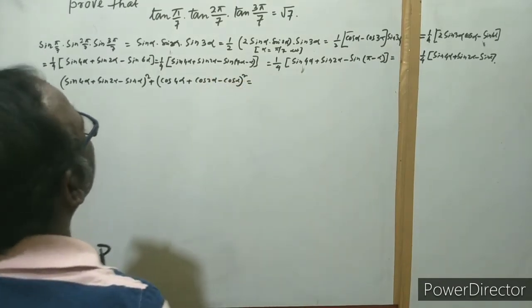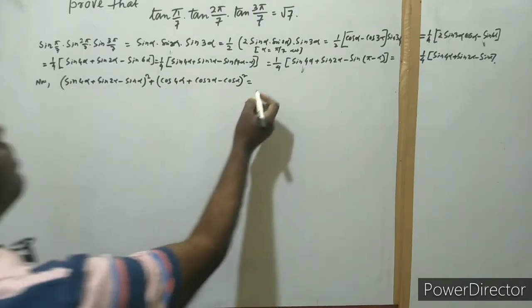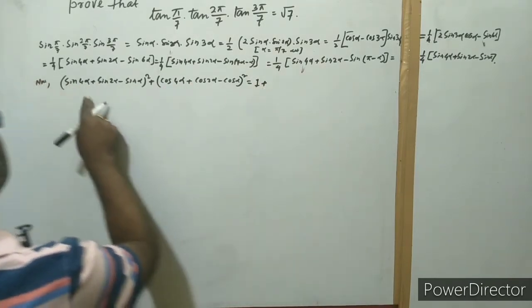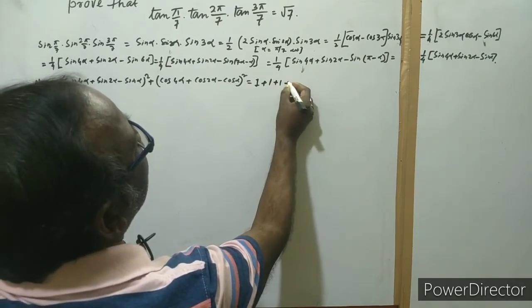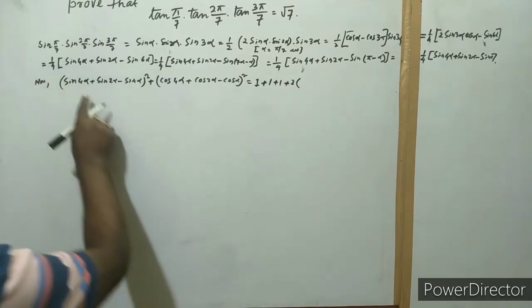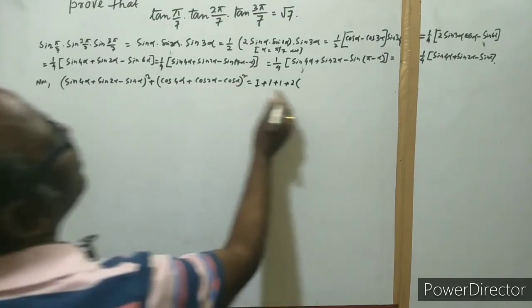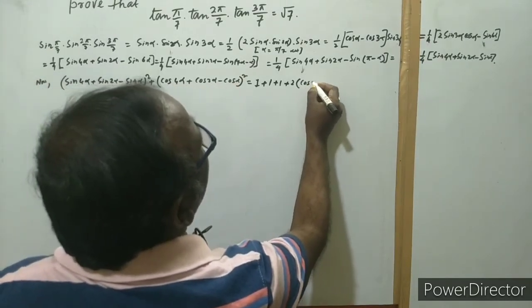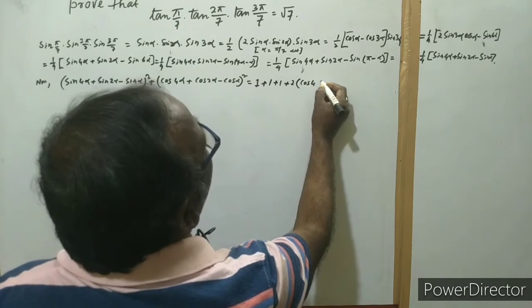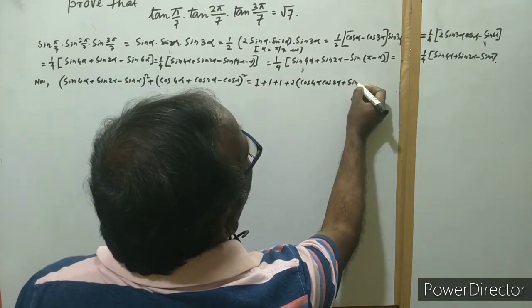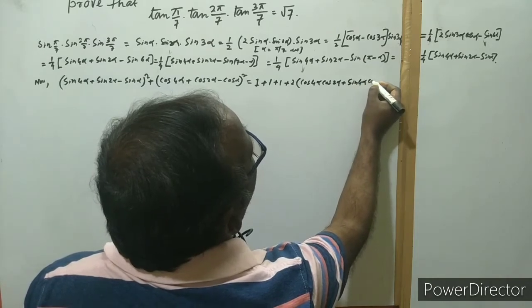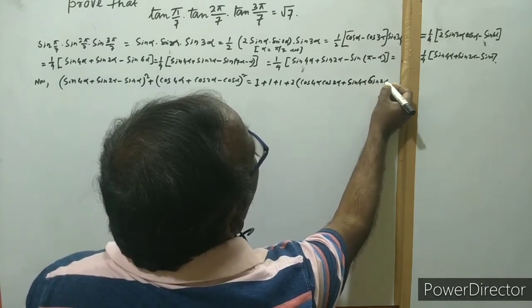Squaring this, sin square plus cos square we get 1, sin square plus cos square 1, and also 1, then 2 into sin A sin B plus cos A cos B. So that is cos 4 alpha cos 2 alpha plus sin 4 alpha sin 2 alpha.